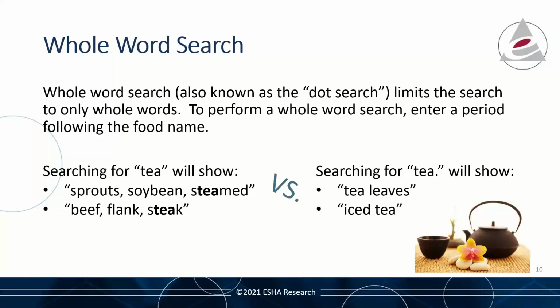So in the example you see here, if you type in TEA and press enter, the search results include all matches to that term, but also phrases like steamed and steak. That might be a little too broad. However, if you type in TEA followed by a period, then the search is limited to names that include tea as a whole word, like tea leaves and iced tea.